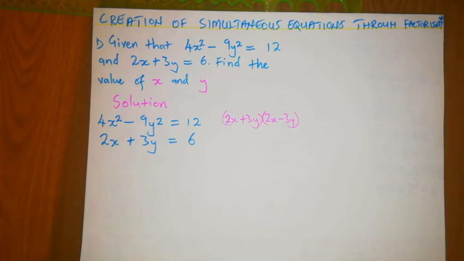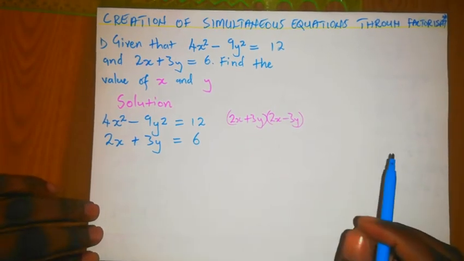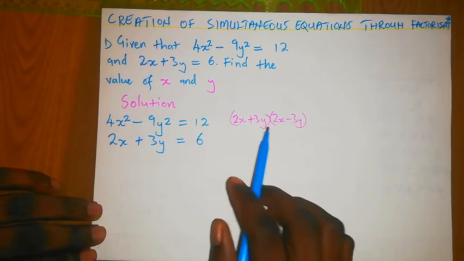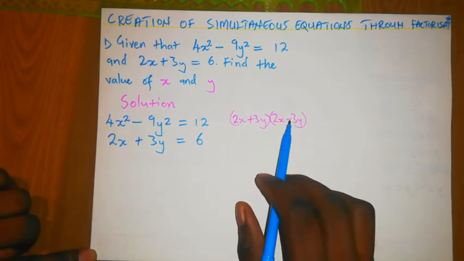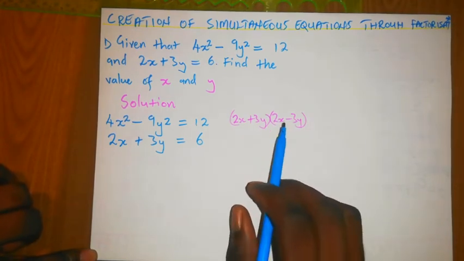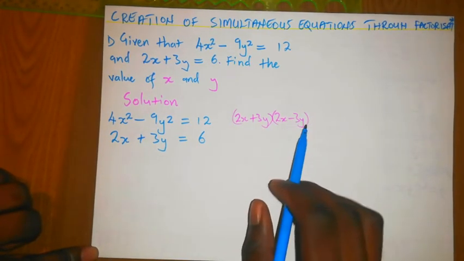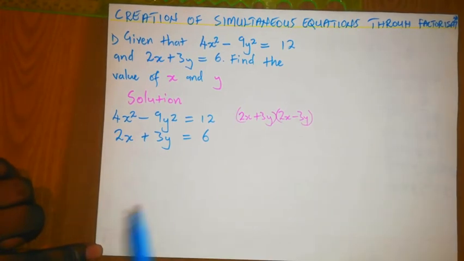So now we want to create the other equation. We have got the value of 2x plus 3y. We want to know the value of 2x minus 3y. So we have to create this equation by just simple division.